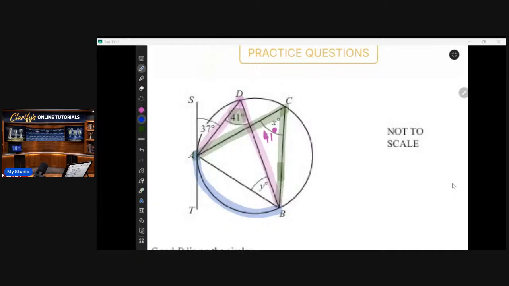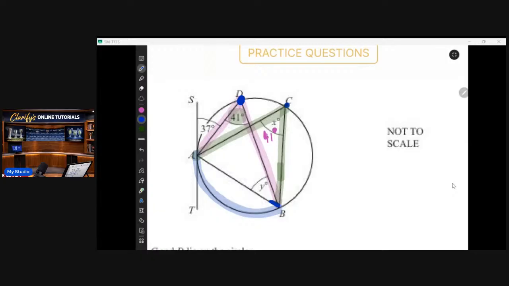Isn't it that you have arc AB? So you can also have chord AB. Chord AB is here. Look, chord AB shows you that this is the minor segment and this is the major. And you can see that both this 41 and this 41 are in the major segment. And they are made by the same arc, so they are equal. And they are both at the circumference, so they are equal.